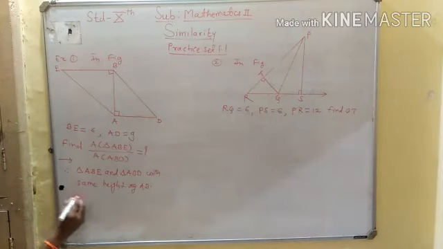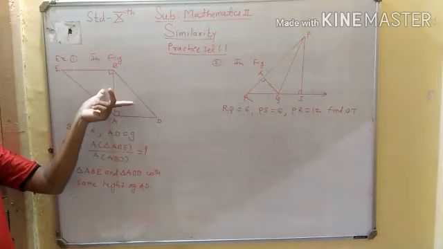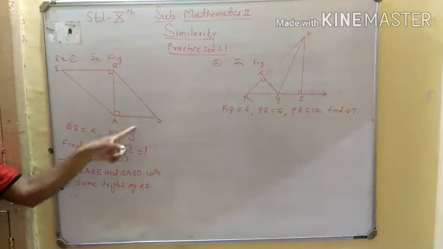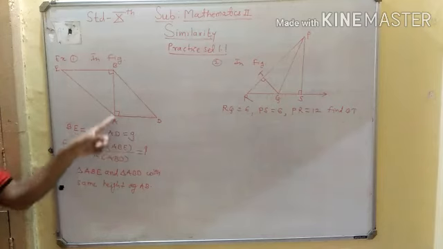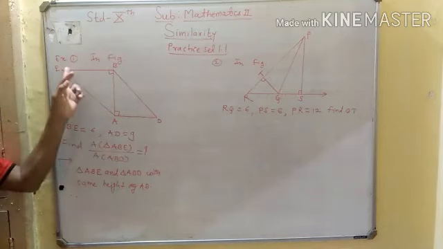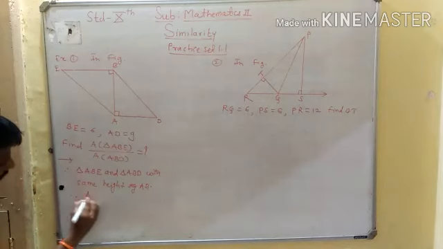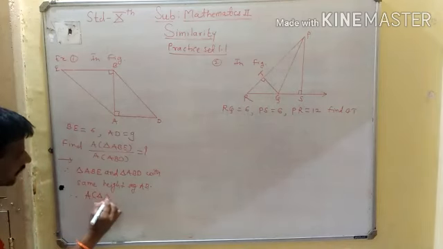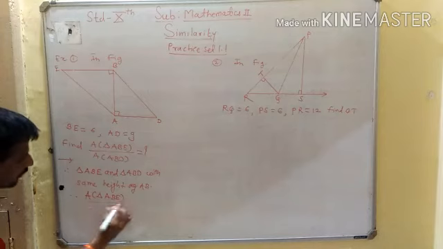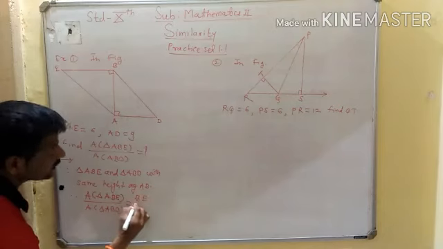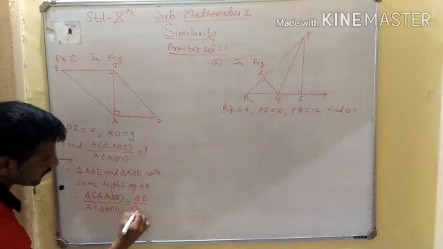Therefore the ratio of areas of triangles with the same height is equal to the ratio of their corresponding bases. इथं हाईट सेम असल्यामुळं त्यांचा रेशो त्यांच्या बेसच्या रेशो इतका येणार आहे. म्हणजेच कसं येईल, therefore we write here area of triangle ABE upon area of triangle ABD is equal to base of the first triangle is AB and base of the second triangle is AD.